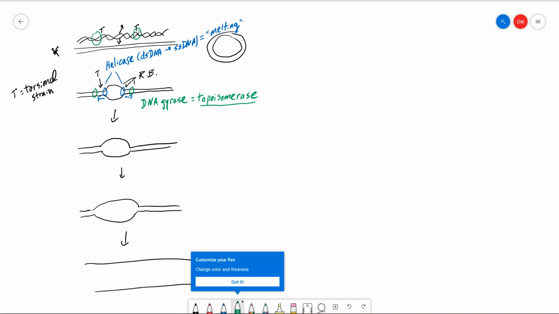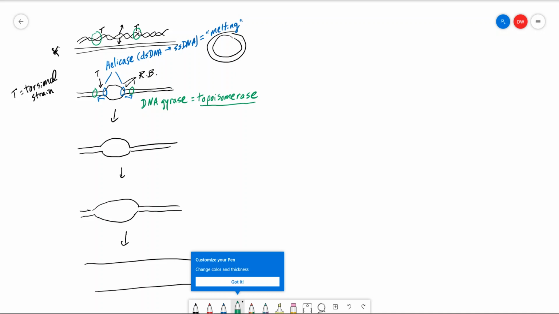Now, in theory, you could cut one of the two DNA strands, and that would do it, right? So imagine if you had a rope and you tried to separate the fibers, you would get this torsional strain. You could easily release that torsional strain just by cutting one of those strands. Of course, we don't want to leave the DNA cut like that. If you do cut it, then you want to repair that cut. So then you would have to connect those two pieces together, but after that torsional strain has been released.